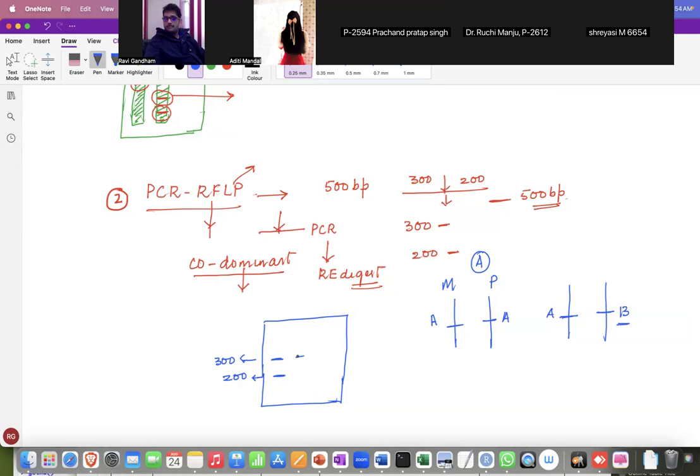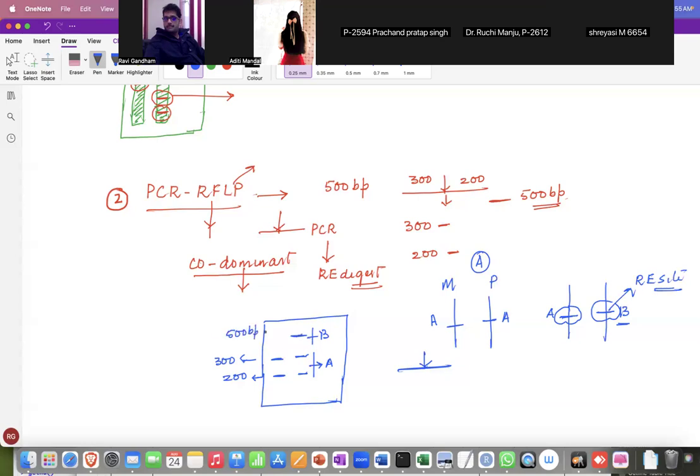You will be having, for sure, when you are digesting the DNA, both these segments. 500 will be amplified and will be cut, but also you will be having a segment that is around 500 base pairs. Means by using polymorphism, this corresponds to allele A and this corresponds to allele B, where allele B does not contain the restriction site. RE site is absent here. And when the restriction site is absent, we'll be having a 500 base pair fragment here.